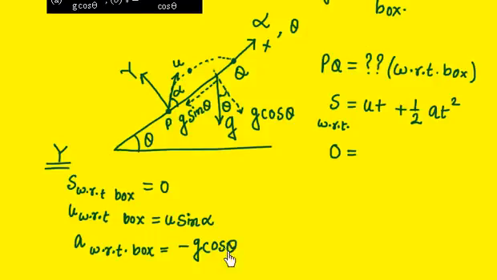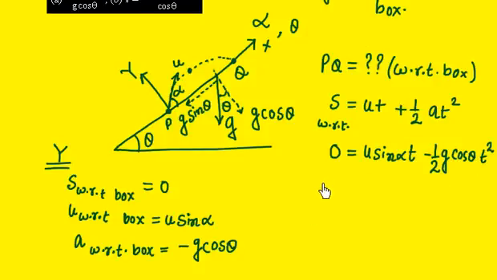This is the only important point we have in this problem. Now put these values. 0 equals ut, that is u sin alpha into t, plus half at square, that is a is minus, so minus half g cos theta into t square.